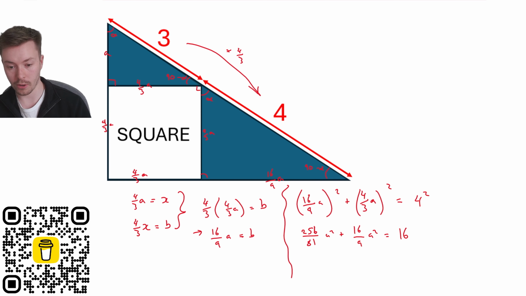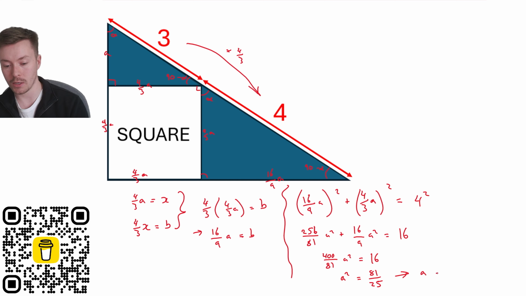Now if I combine those, I'm going to end up with 400 over 81 a squared is equal to 16. Divide both sides by this fraction now, 400 over 81, and I get a squared is 81 over 25. So that means that because obviously a is positive, a is equal to 9 over 5.